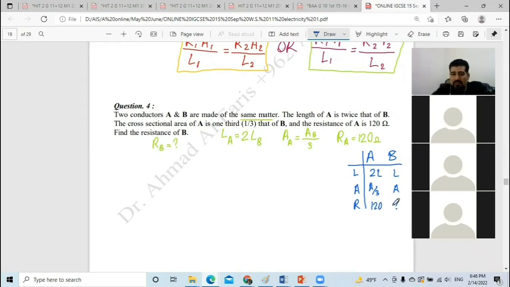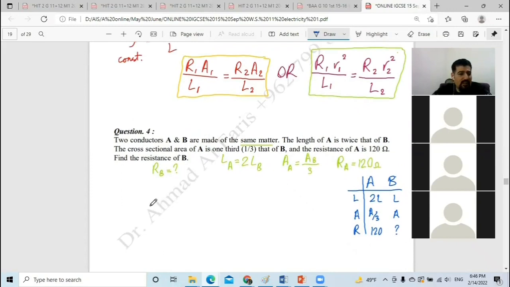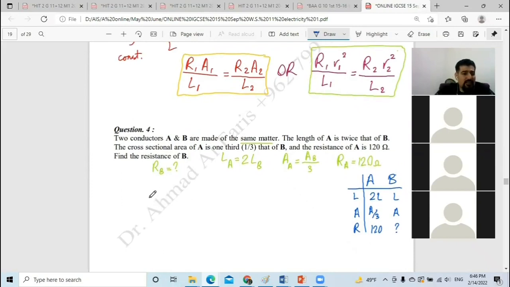They ask about it. As Laith, Sandra and Sidra told me, I will use the first equation, so the resistance of A times the cross-section area of A over the length of A equals the resistance of wire B times the cross-section area of wire B over the length of wire B.